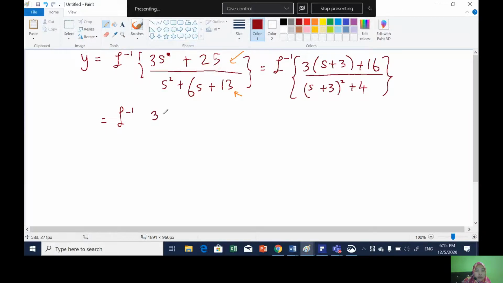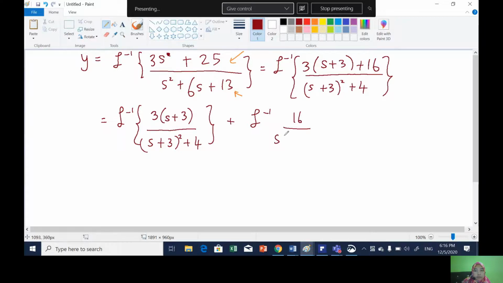So I have 3 times s plus 3, over s plus 3 in bracket squared plus 4, plus here, the constant part.